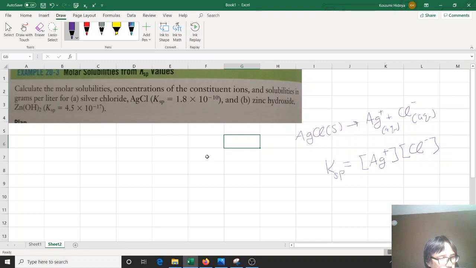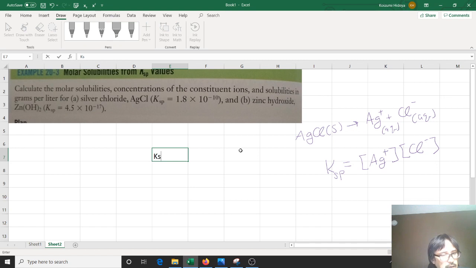What we are trying to find is to calculate the molar solubility of this particular molecule, which is AgCl. So let's do that right here. Ksp is 1.8 e to the negative 10.